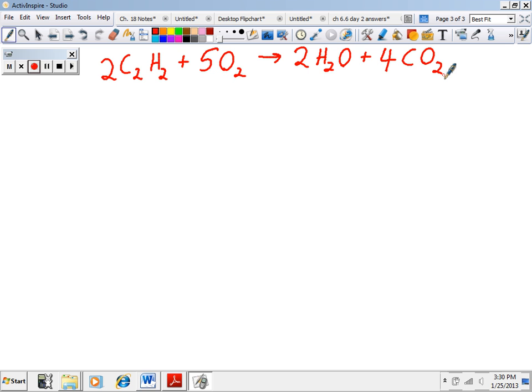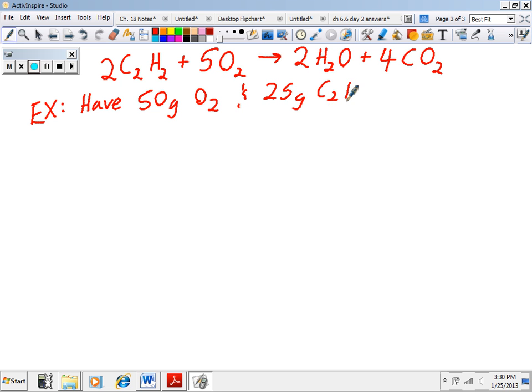So our example problem, we're going to use the same amounts of reactants that we had last time. So you have 50 grams of O2 and 25 grams of C2H2.